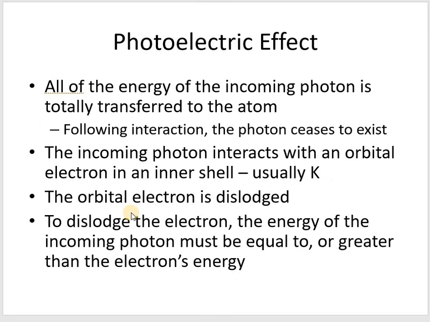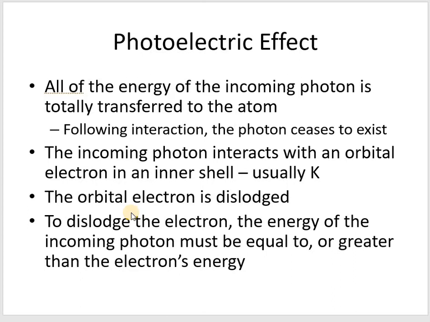As a summary, we understand up to now that the energy of the incoming photon is completely transferred to the atom. Part is used to overcome the binding energy, and the rest is transferred to the electron, and there is no more incoming photon.